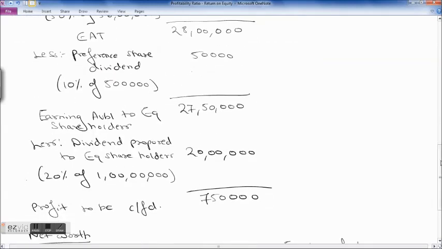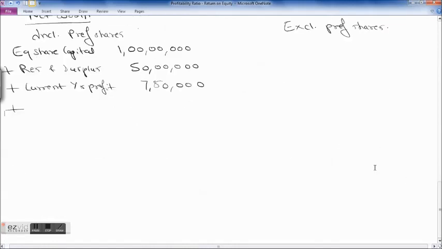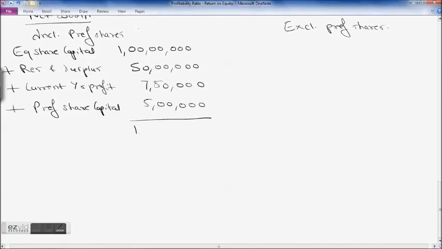So plus preference share capital, that is 5 lakh. So your total will be 1,62,50,000.